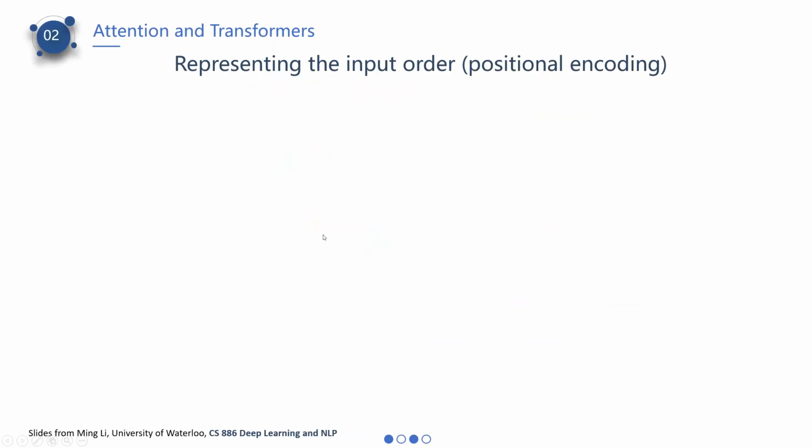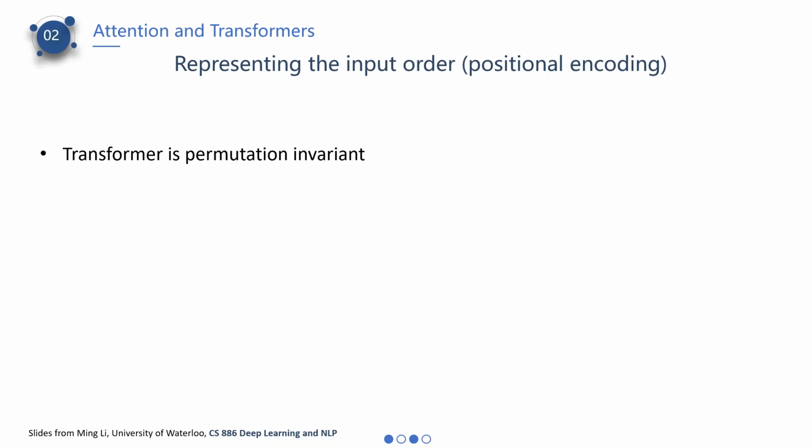Okay, so now this representation, as we did it in parallel, has no order, which means the transformer is permutation invariant.